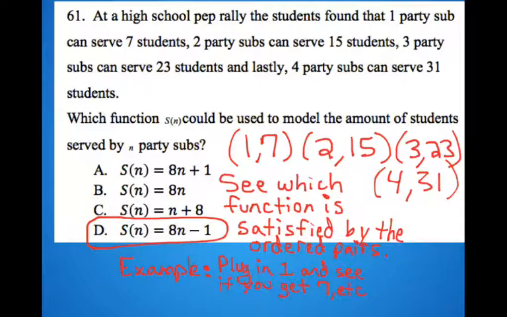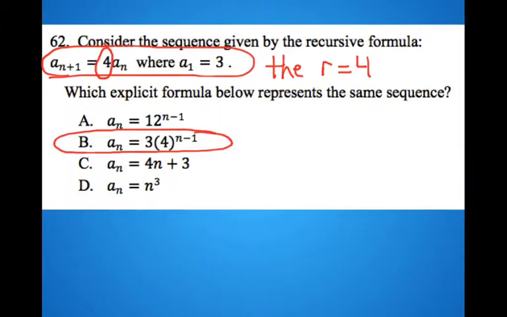When you put a 1 in there, that would be 8 times 1 minus 1, which would be 7, which satisfies the function. If you put a 2 in there, that would be 8 times 2, 16, minus 1, that would be 15. So that's the only one that is satisfied by the ordered pairs.